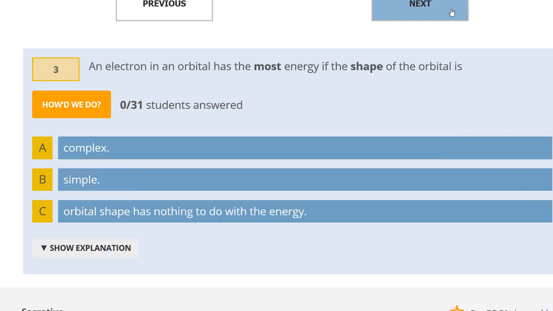And number 3, an electron in an orbital has the most energy if the shape of the orbital is. We count down. 5, 4, 3, 2, 1. Very good.